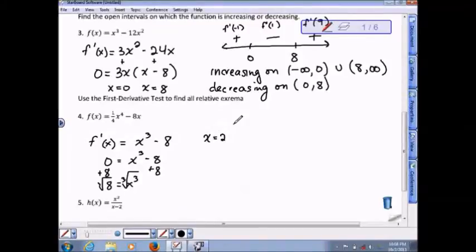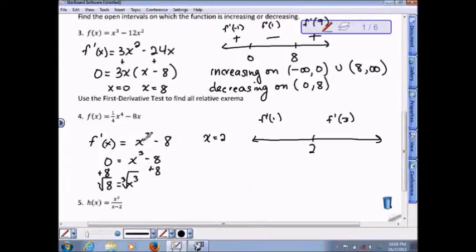Now, this is a critical value. We don't know whether it's a relative minimum or a maximum, so we use the first derivative test. We choose numbers in each interval plugged into the first derivative, so f prime of 1 we could test, and f prime of 3.